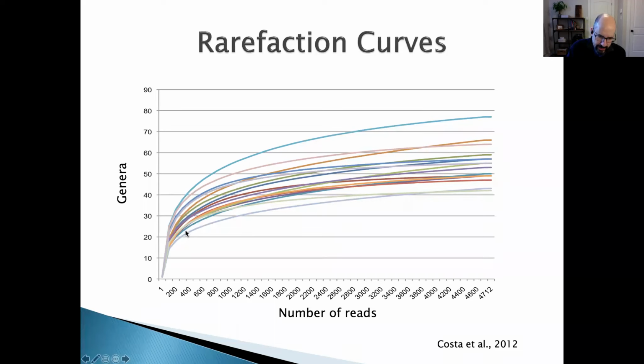I'm getting a new read and finding a new species or genus. So if you look at the shape of the curve, you can tell that the diversity of this sample over here is higher than the diversity of this sample over here, but they have the same richness at the end. Good? Has anybody not understood that?